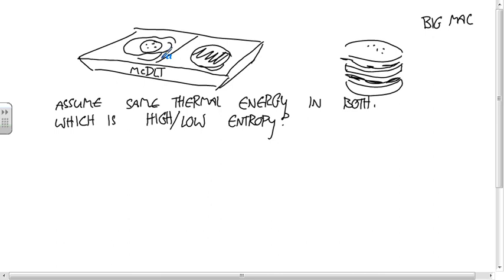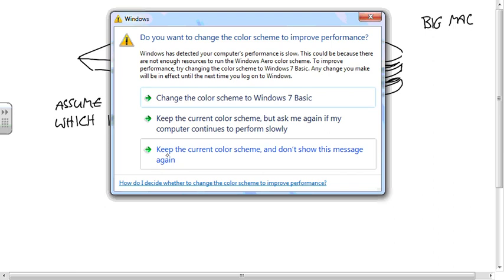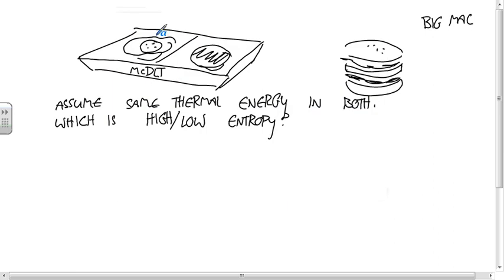The McDLT, what? Well, technically the Big Mac is less entropic, right, isn't it? I mean, by the analogy you're using, they're separate, so there's a bigger difference, but the Big Mac is less entropic because it's less random. Well, no, this one has a cold side and a hot side.